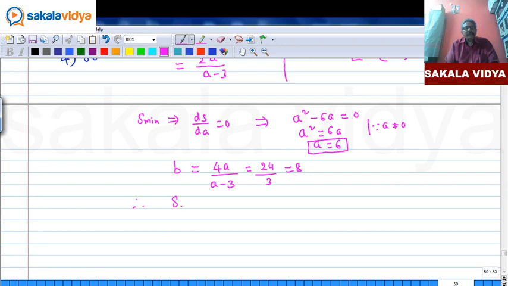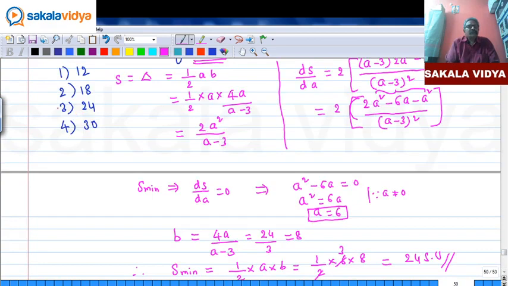Therefore, S minimum is equal to half into A into B, that means half into 6 into 8, which is 24 square units. This is the answer. So the third one is the option.